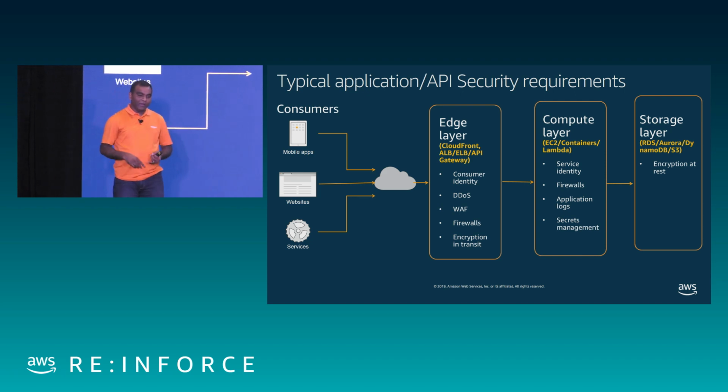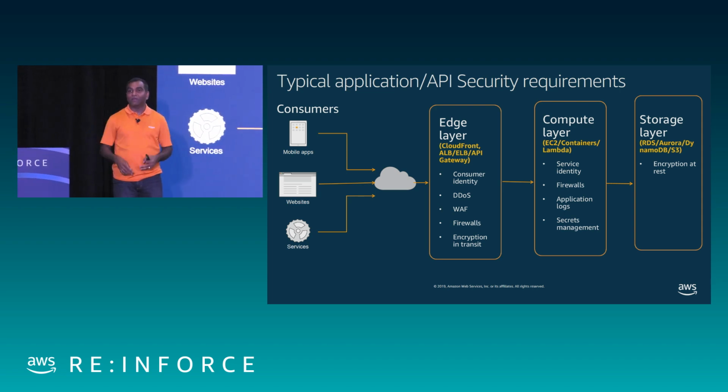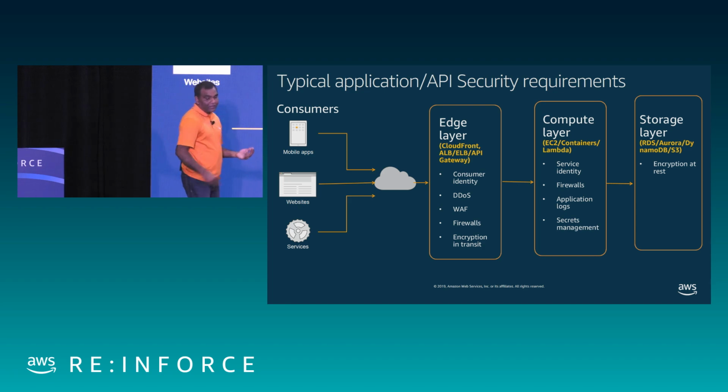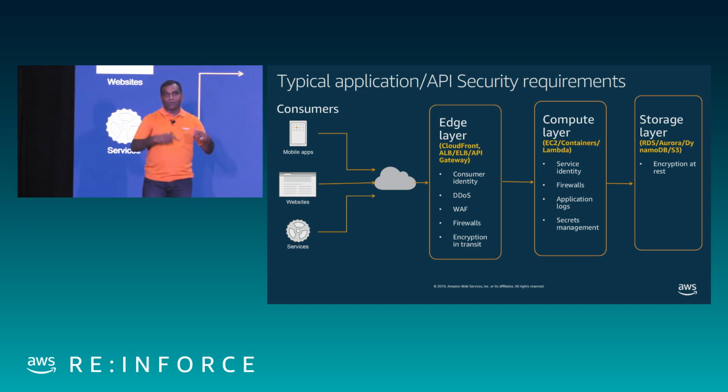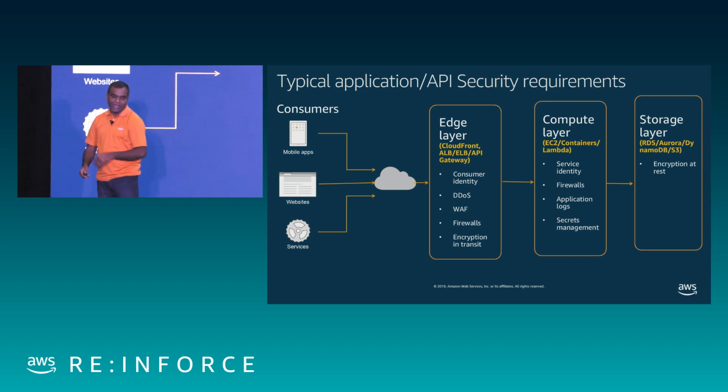Hey, do you have DDoS protection? Do you have WAF? Because we already turned that on, they will get it. But in terms of other things, like consumer identity, who is accessing your application? Did you take care of IAM for those people, right? When it comes to compute, same thing: do you have the right firewalls? Do you have good secrets management? Are you life cycling the passwords and all that?